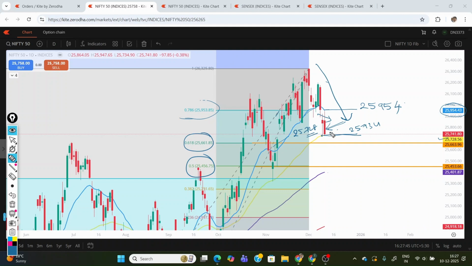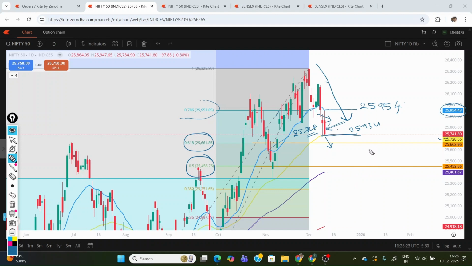Suppose the market opens tomorrow 50, 100 points down and sustains there for 10 to 15 minutes, one may consider this a confirmed trend on the downside. But as of now, based on where it closed, we cannot say that the trend is reversed. It is still at the testing level.